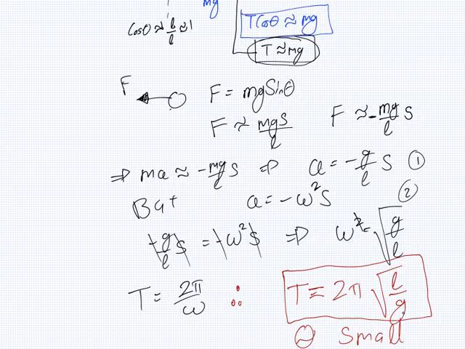In fact, the smaller the angle, the less vertical motion there is, and the more simple harmonic motion it is. If you pull the angle really big, this is not simple harmonic motion.